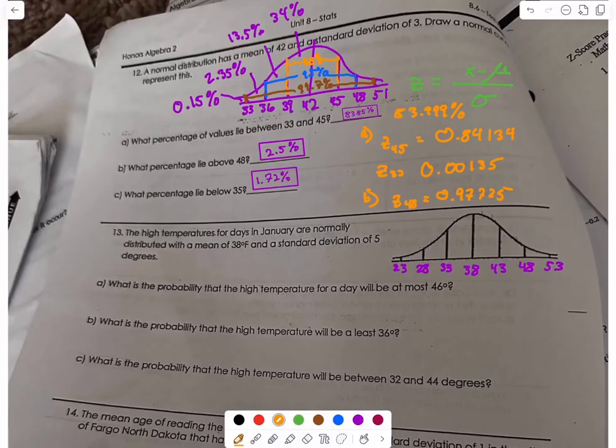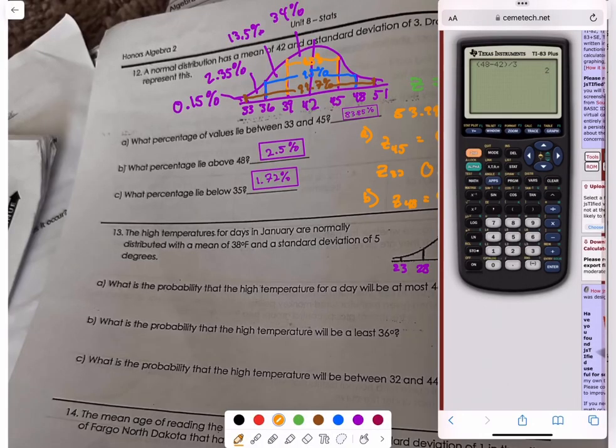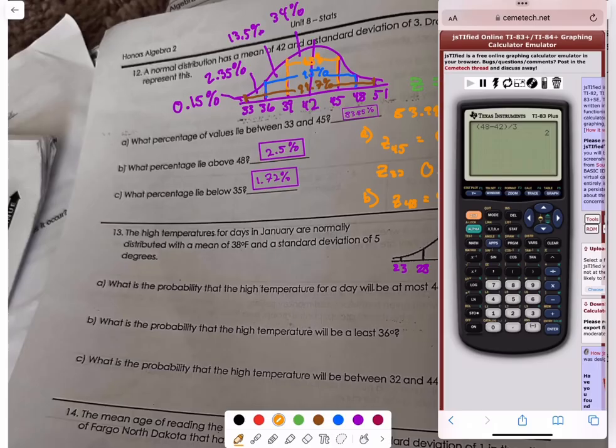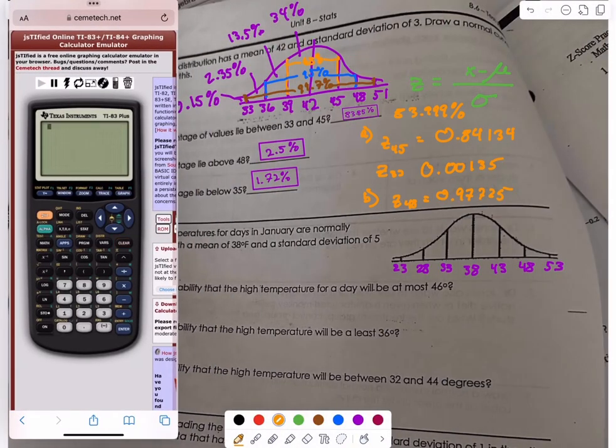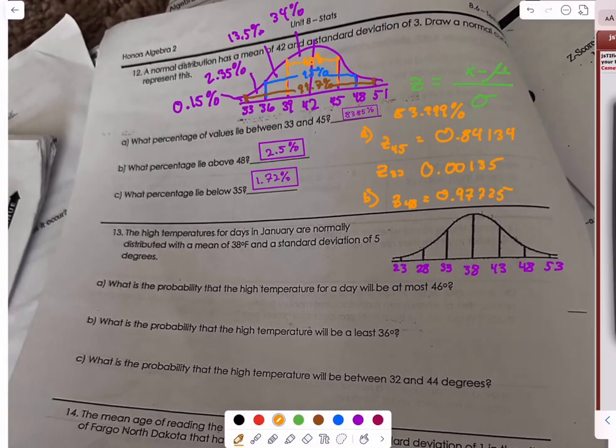So what we're going to do is say 1 minus that result. So this is going to be 1 minus 0.97725, and that's 2.275%. That's close to what we have. Again, approximations, right?